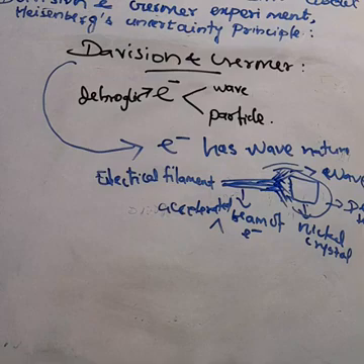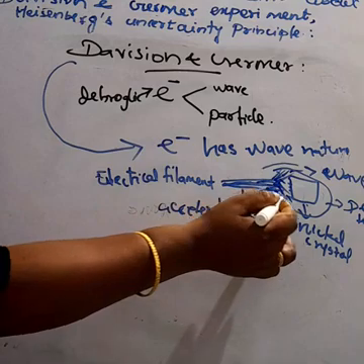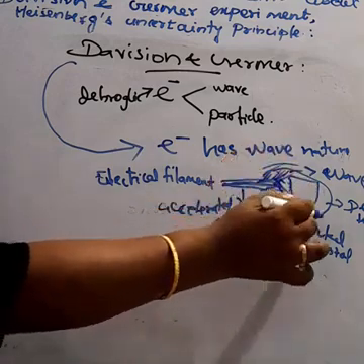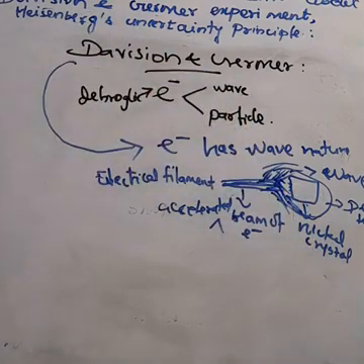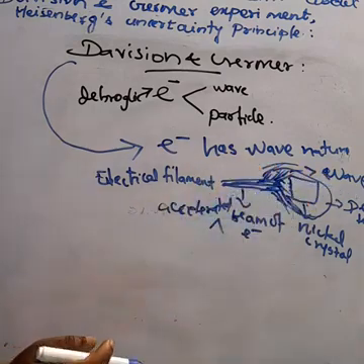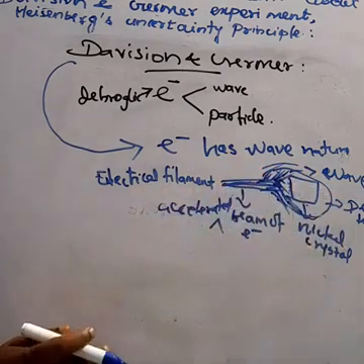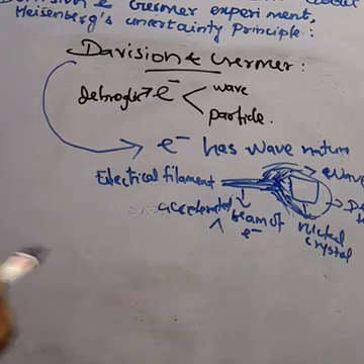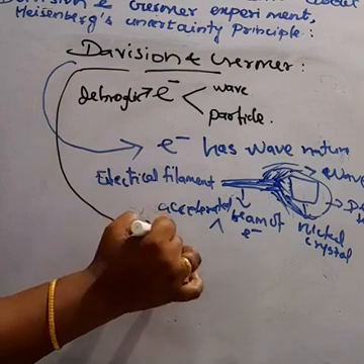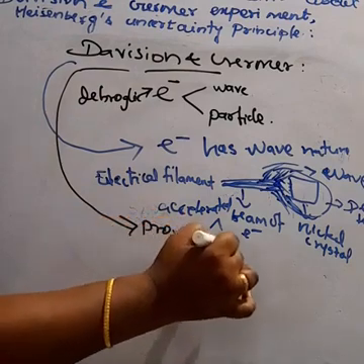The electron waves scattered in different directions. Davisson and Germer collected these diffracted waves in a detector. By this experiment, they proved that electrons have wave nature.